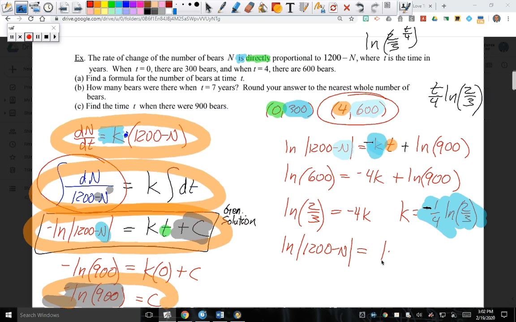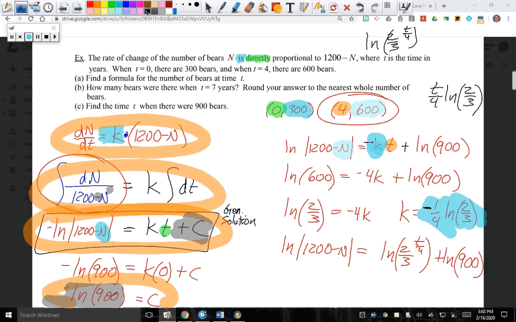The natural log of 2/3 to the power of t over 4 plus the natural log of 900. Any questions? Okay, what do I do next?